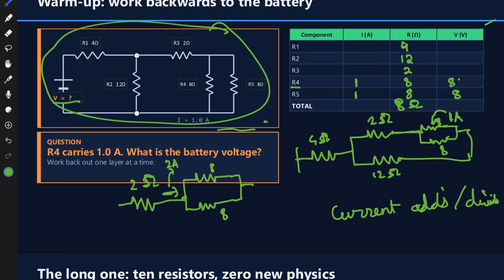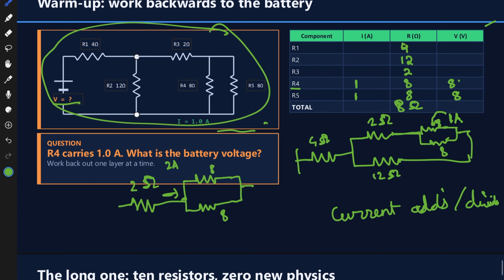Because that's split into 1 amp in each of these. And how many volts did we know was running through here as well? We knew that it was 8 volts. 8 volts dissipated for this section, because it's split into both of these.